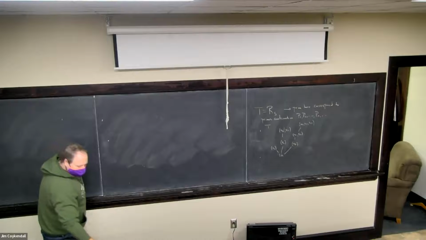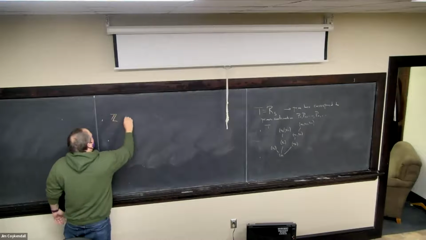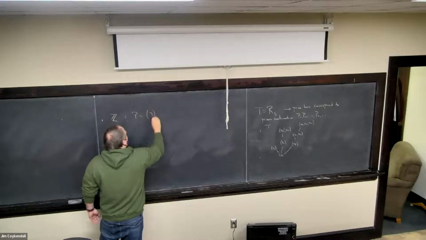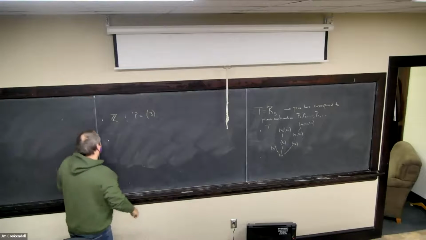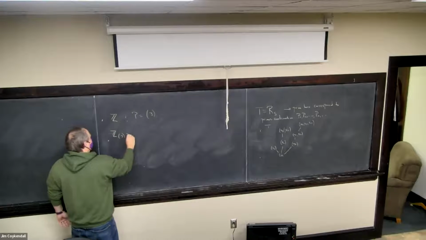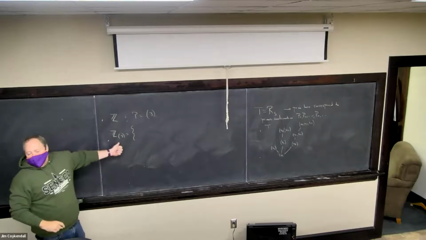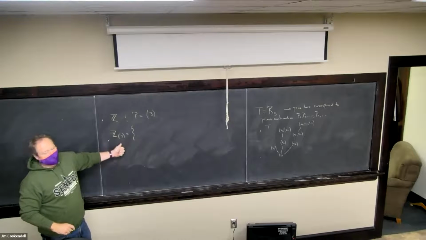Let me start with something small. So for example, if you look at the ideal generated by 3, that's certainly a prime ideal. What you do here is you take the multiplicative set to be everything that's the complement of this.